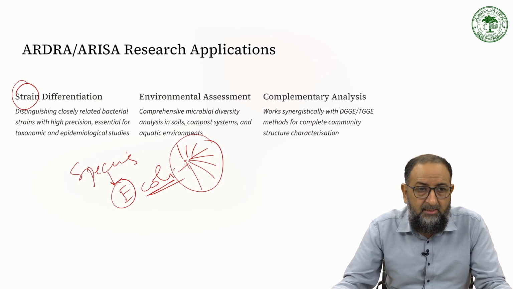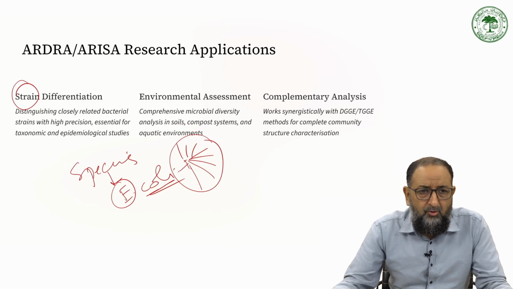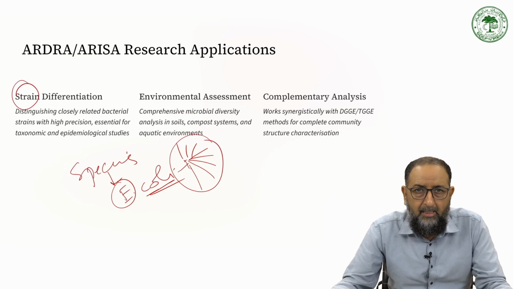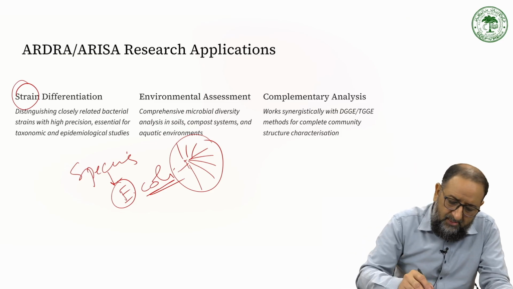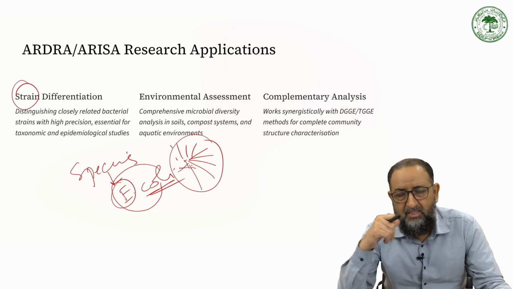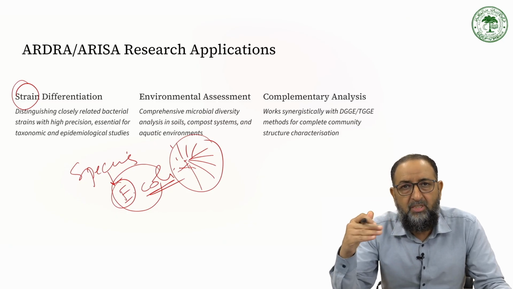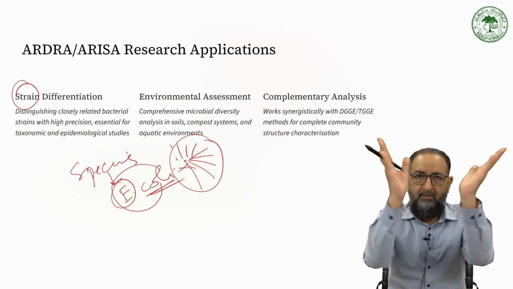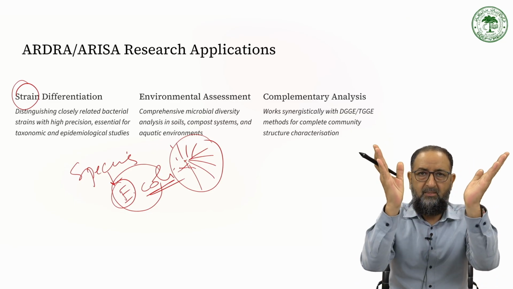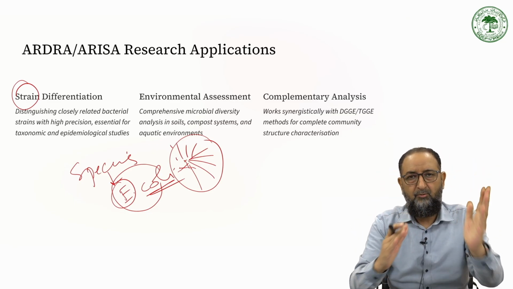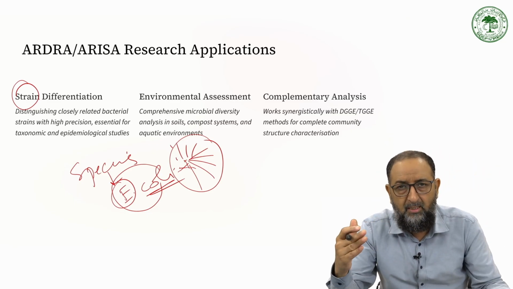So, this is for differentiating or distinguishing closely related bacteria. What we call closely related means within E. coli, you can have multiple bacteria of the same species or same genera, very closely related. On the phylogenetic tree, if you look at the branches, on the same tree, same branch, you find E. coli or Pseudomonas or Klebsiella.